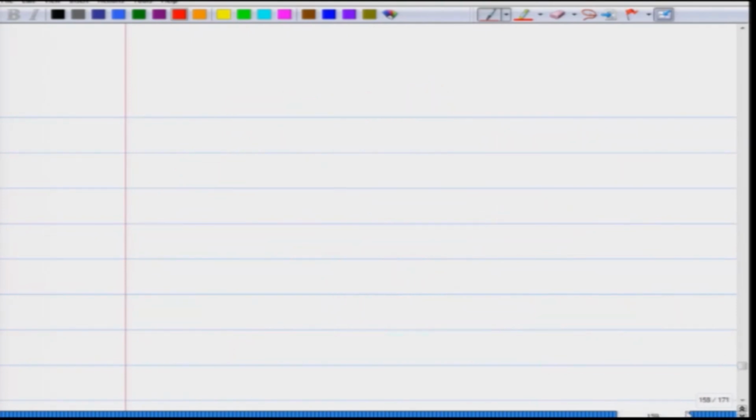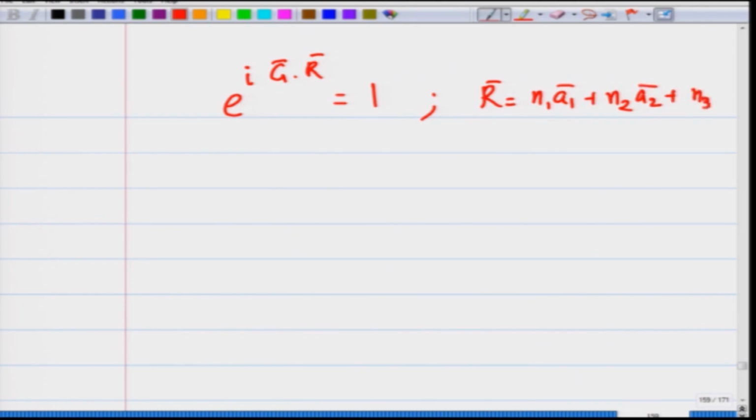This sets a condition, where R is equal to n1 a1 plus n2 a2 plus n3 a3.